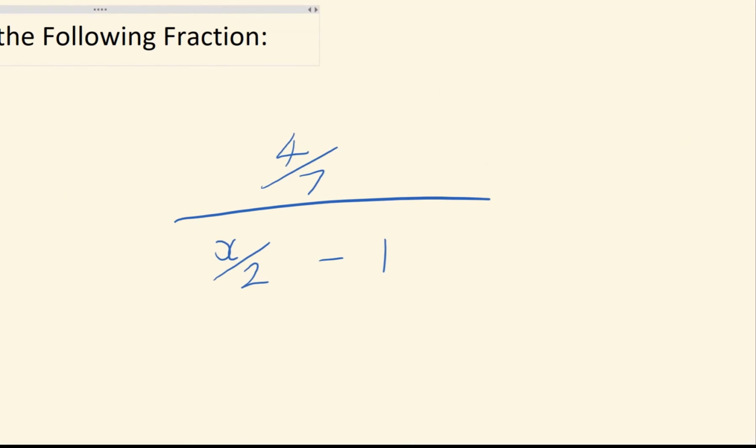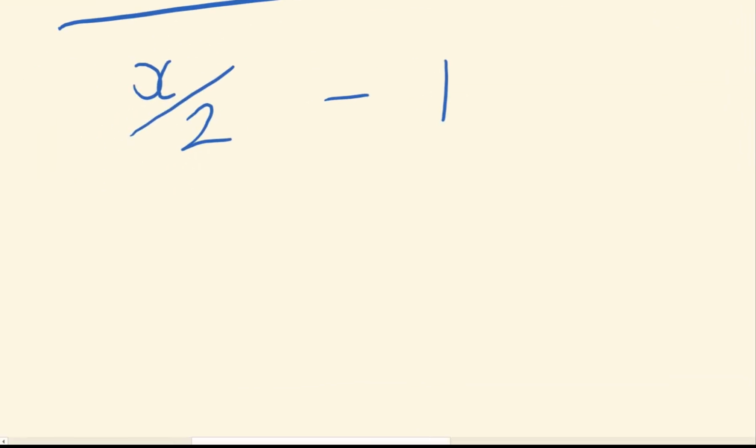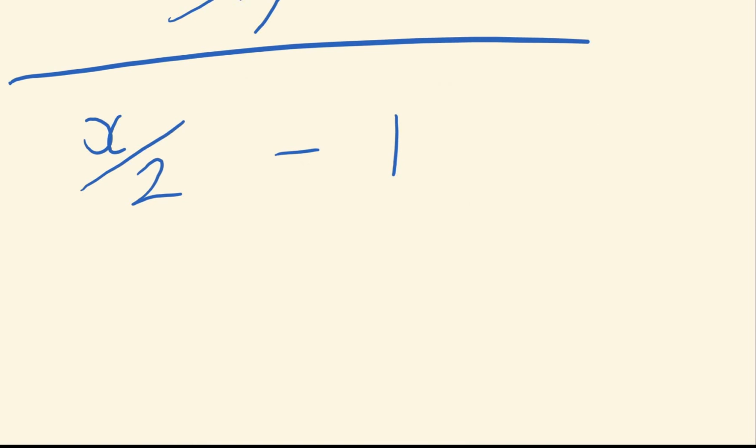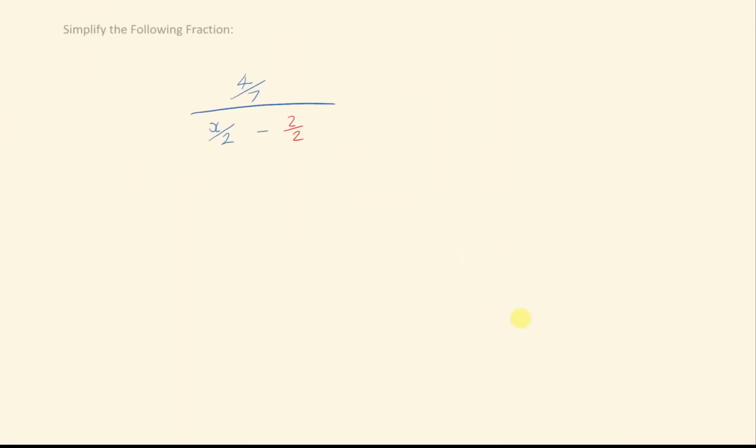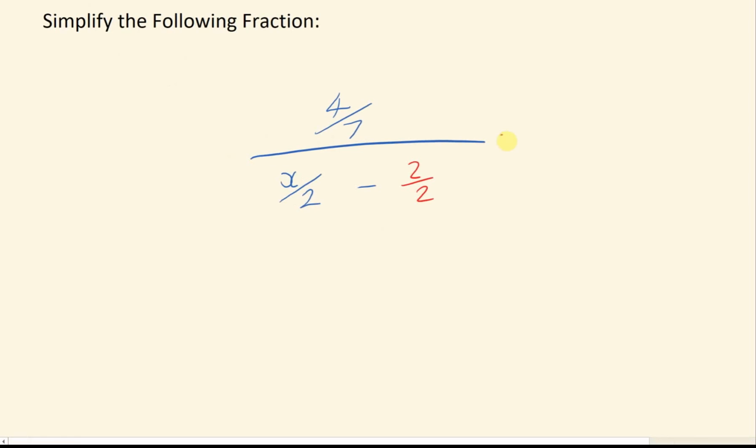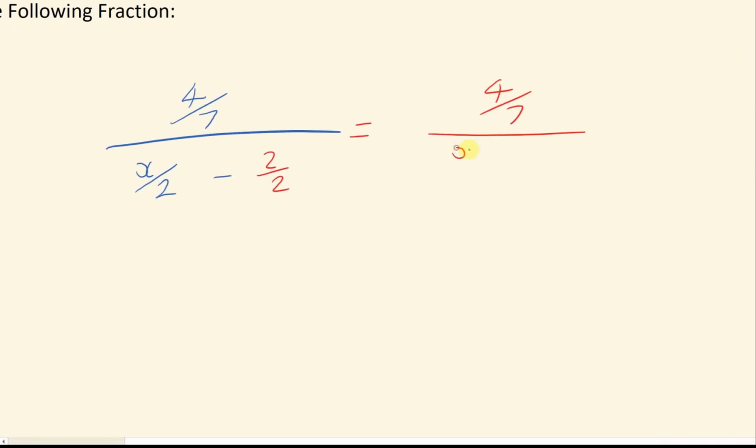Okay, so here, the same setup. Before I can do anything, I want to write this bottom half as a single fraction. And again, I need to find a common denominator. That common denominator is going to be 2. So 1, you should be fine with, is the same as 2 over 2. Now I can rewrite that as 4/7 over x minus 2, all over 2.